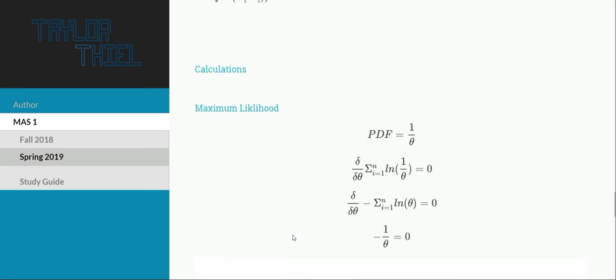First off, considering the maximum likelihood, using a uniform distribution, the PDF is just 1 over theta. So the probability of any event is constant, and that's why it's a uniform distribution. And the area under the curve of a PDF has to sum to 1, so that's why it's 1 over theta.